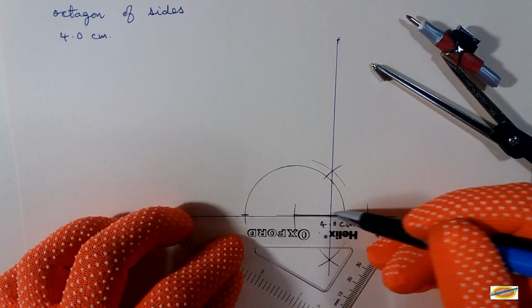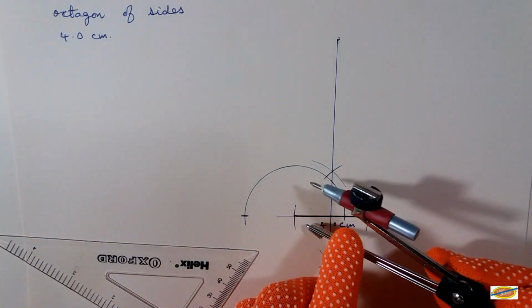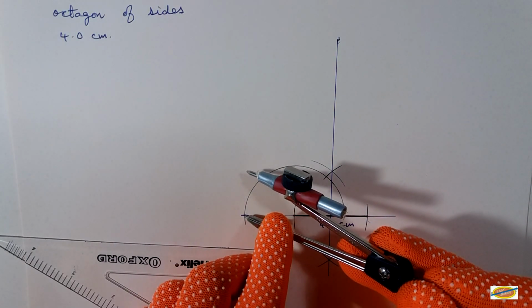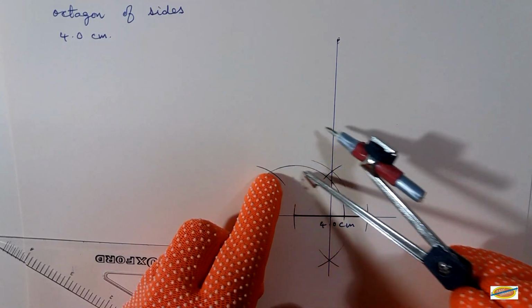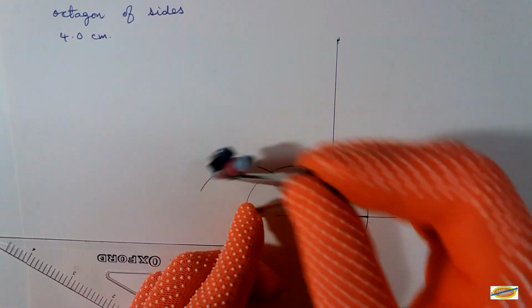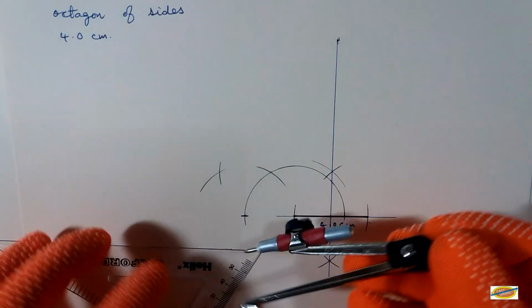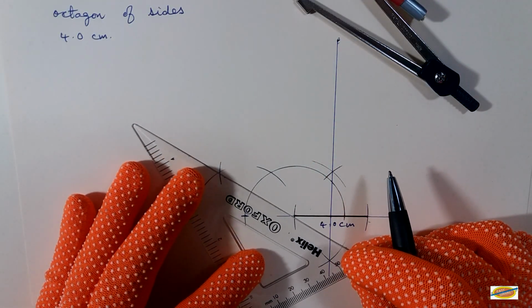So this would be a straight angle, 180 degrees, keeping this same measurement from here. That will be 60 degrees and this will be 120. Bisect this 60 to get 30.